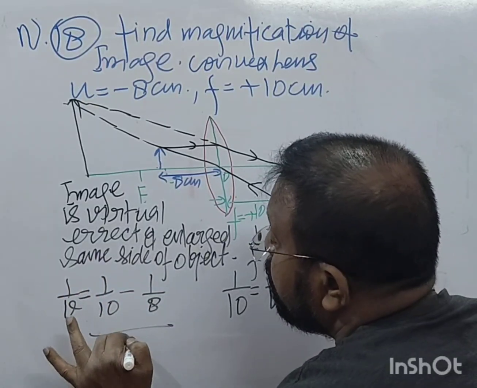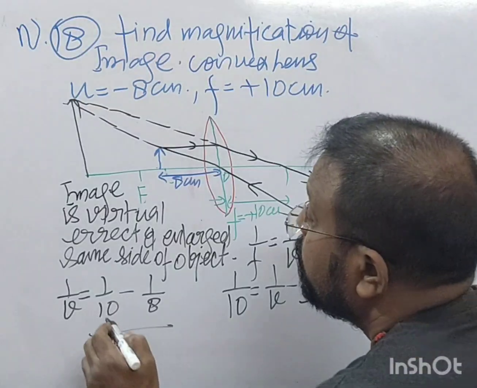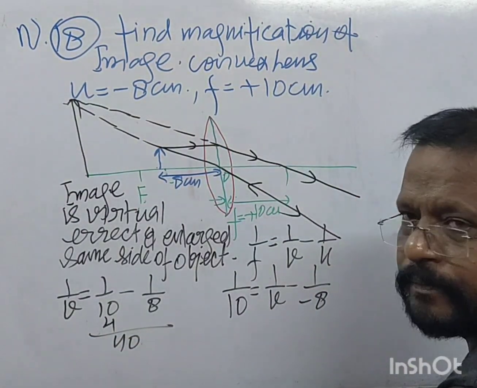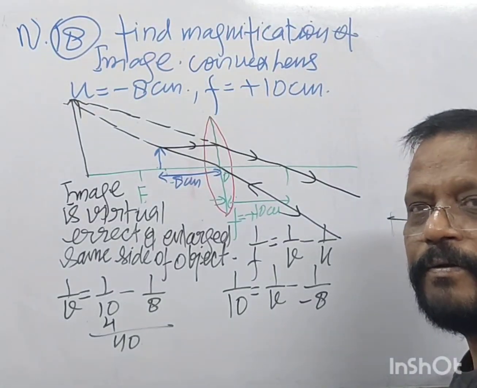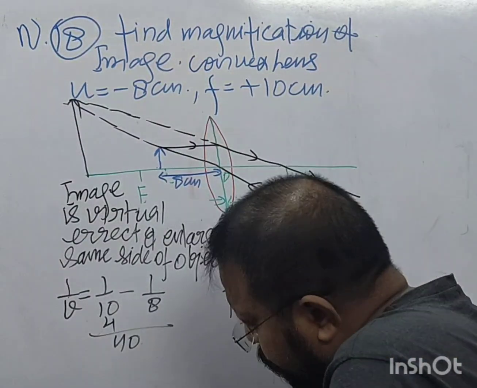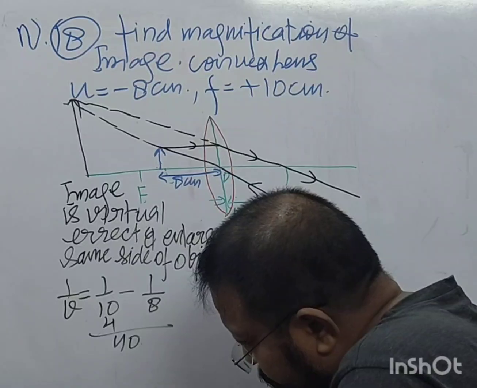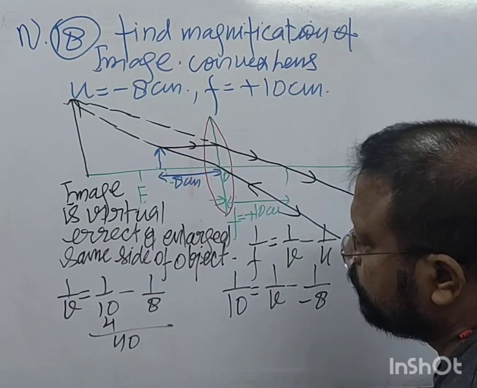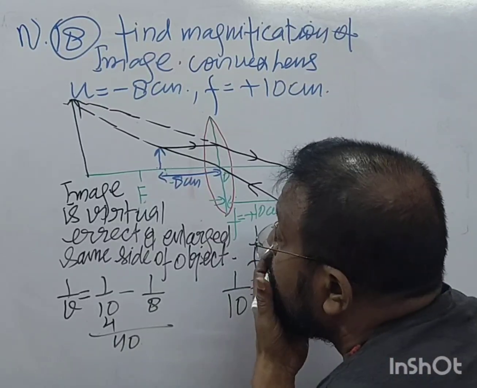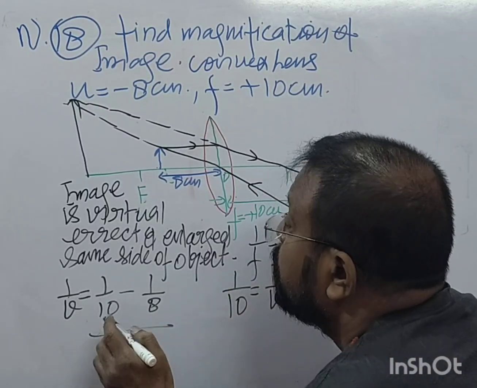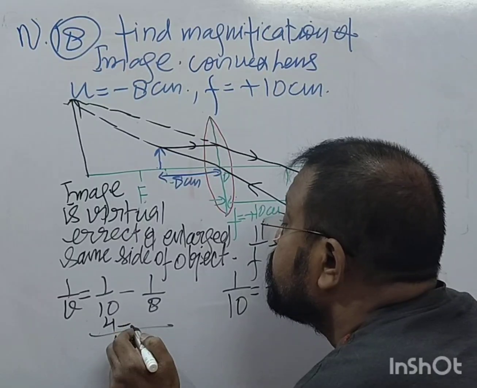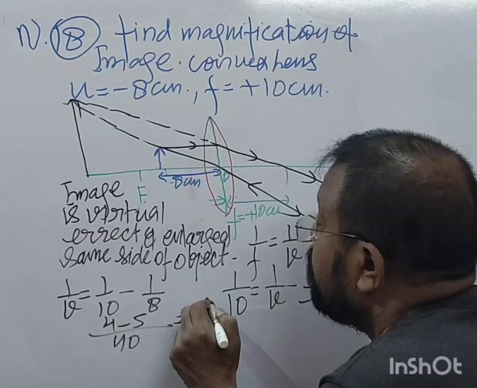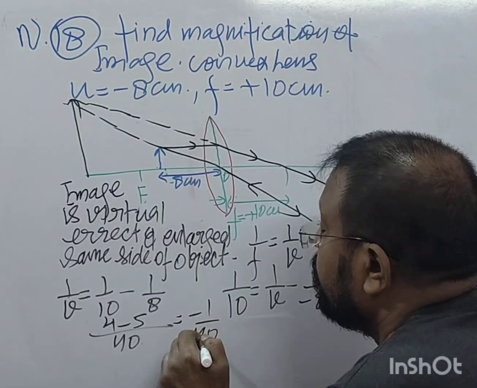We get 40 as the LCM, 4 minus 5, it becomes minus 1 upon 40.